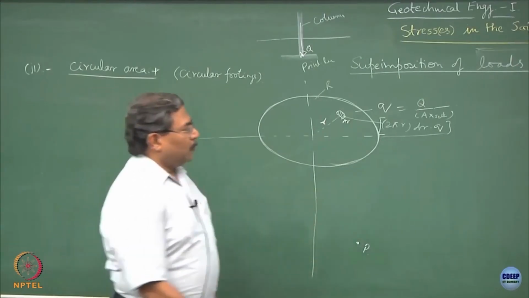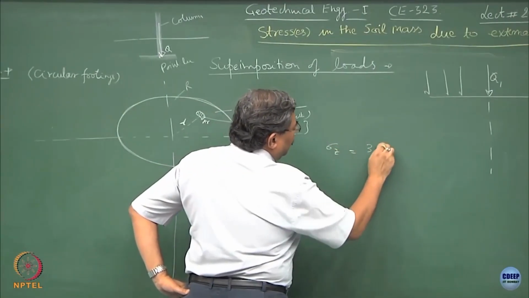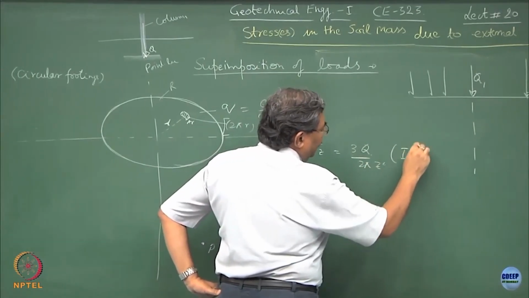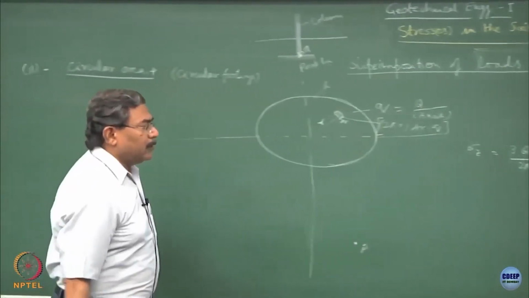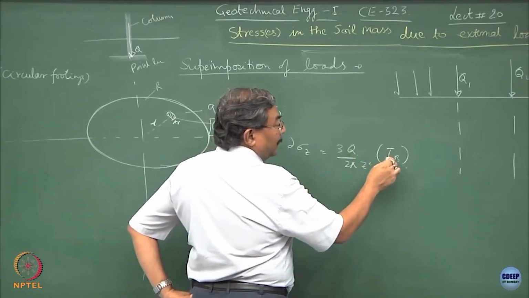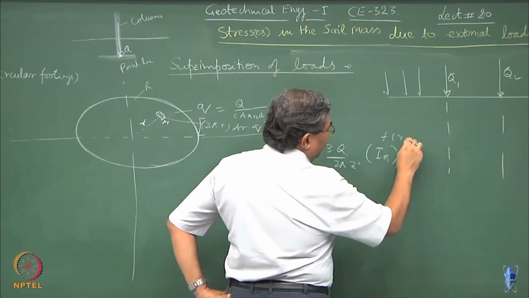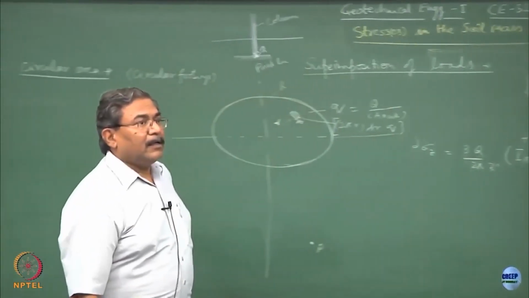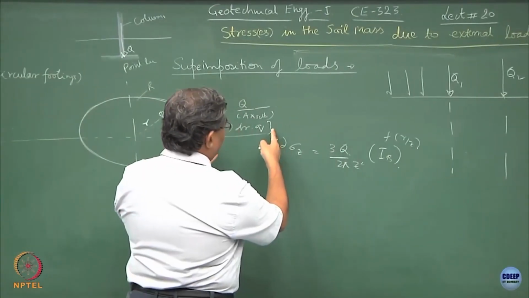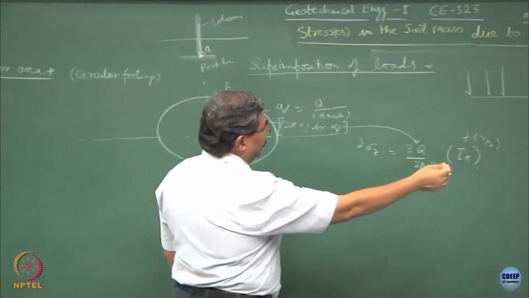is this okay? So, your function sigma z equal to 3q upon 2 pi z square IB can still be used. I will replace this by del of sigma z, and now IB is the tricky term. So, this is a function of r by z, clear? So, this q is equal to this one. So, I can substitute this value over here and I can integrate.